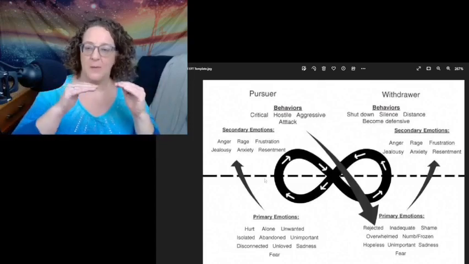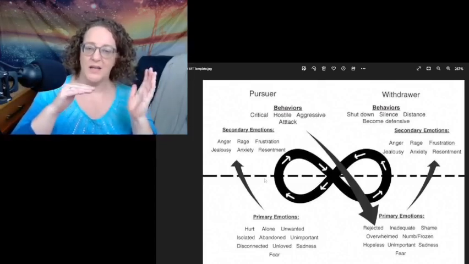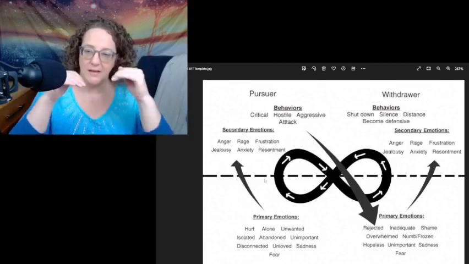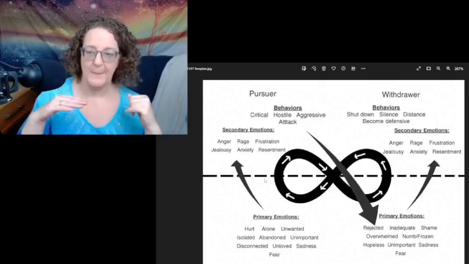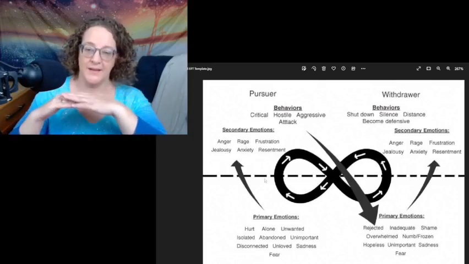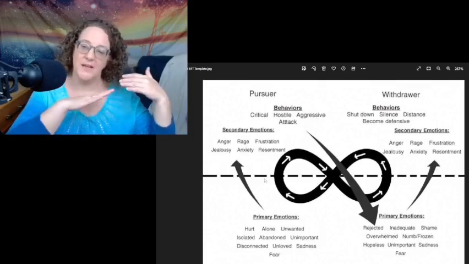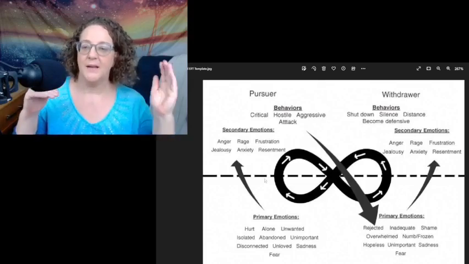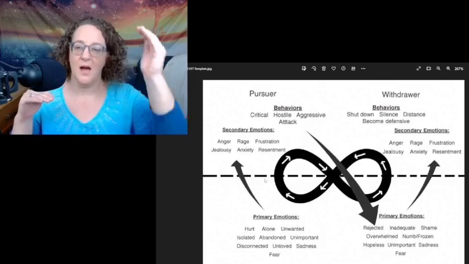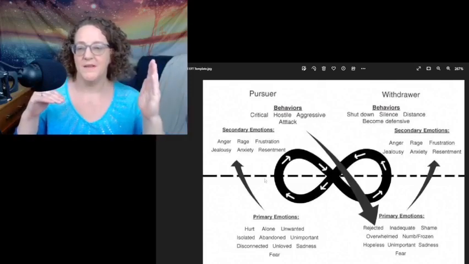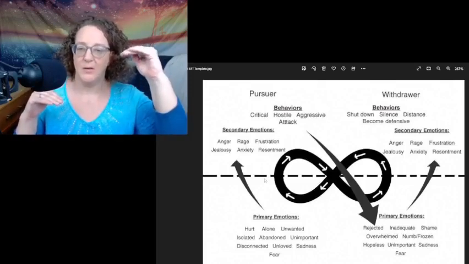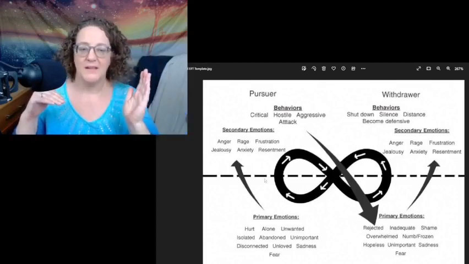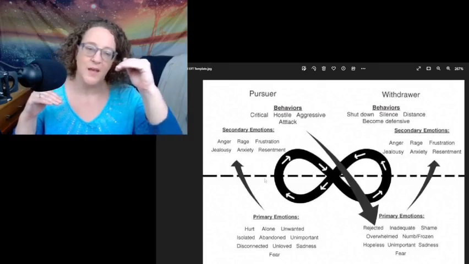What's happening, and why we mark it out in an infinity, is that the partner sees the secondary emotion. To go back to my husband and me, he is seeing my secondary emotion and my behavior, and I'm seeing his secondary emotion and his behavior. Think of it as the top part of the infinity. So let's say he's feeling resentful. That's his secondary emotion, and then his behavior.